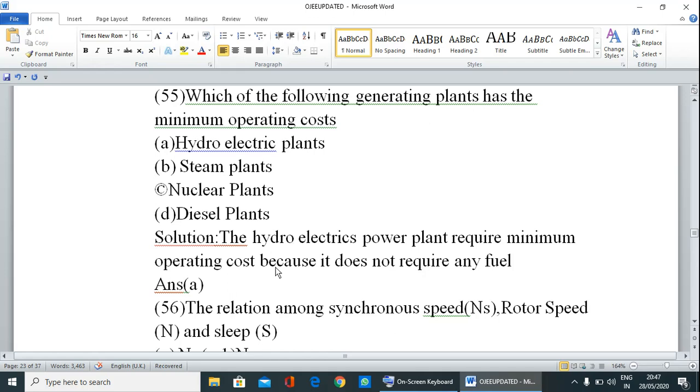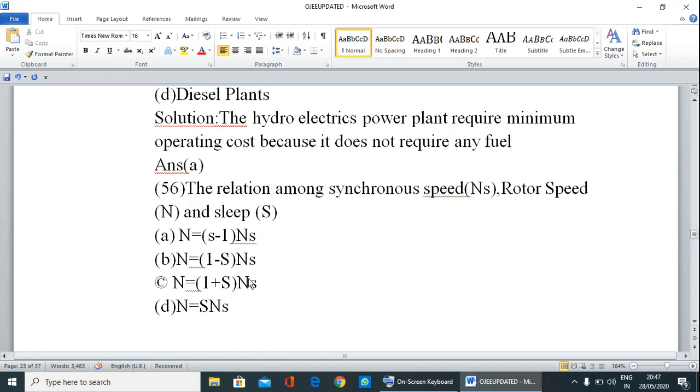Next question. The relation among synchronous speed ns, rotor speed n, and slip s. We have to find out the relation between synchronous speed, rotor speed, and slip of a three-phase induction motor. So this question belongs to the three-phase induction motor.